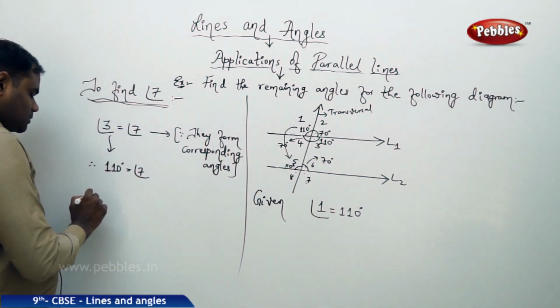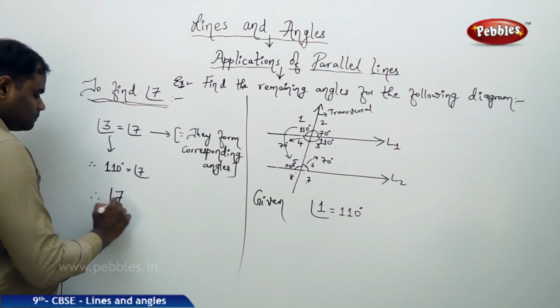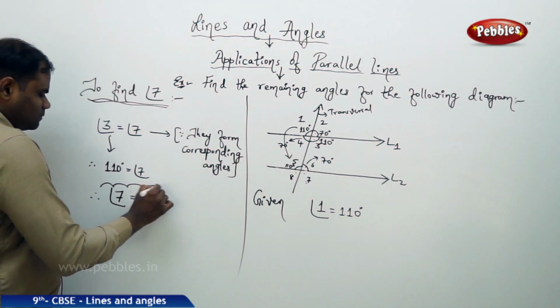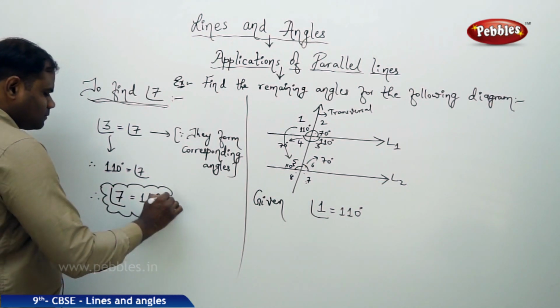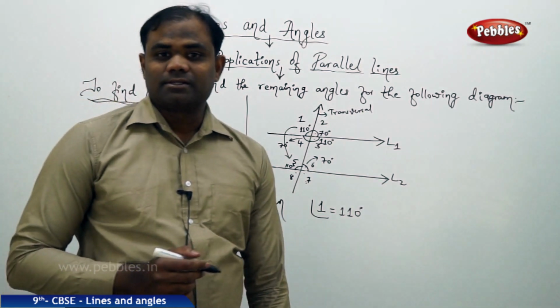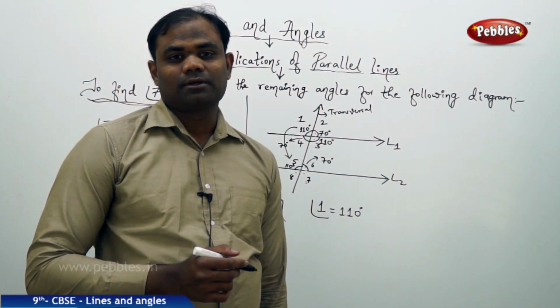So I get my angle 7 to be 110 degrees. This is how I find angle 7 using the corresponding angle.